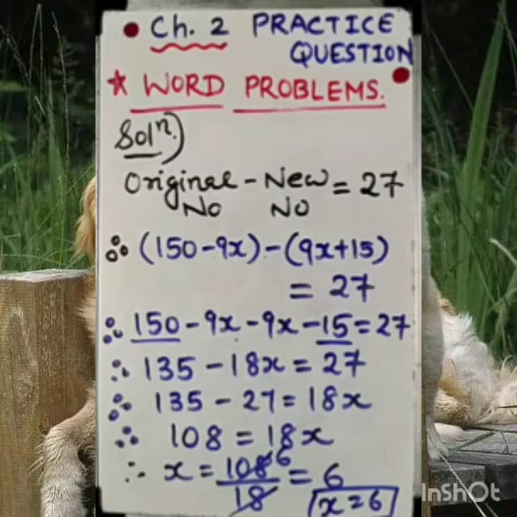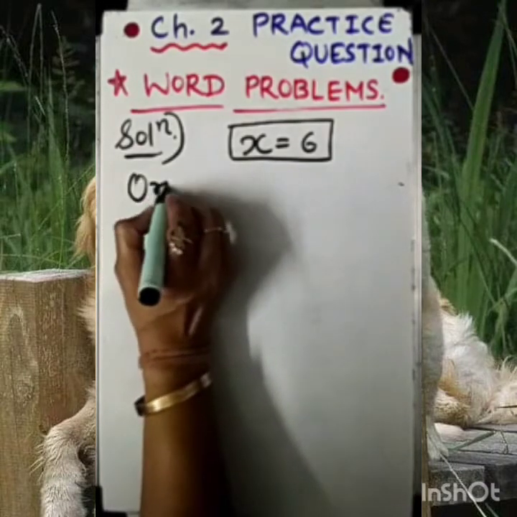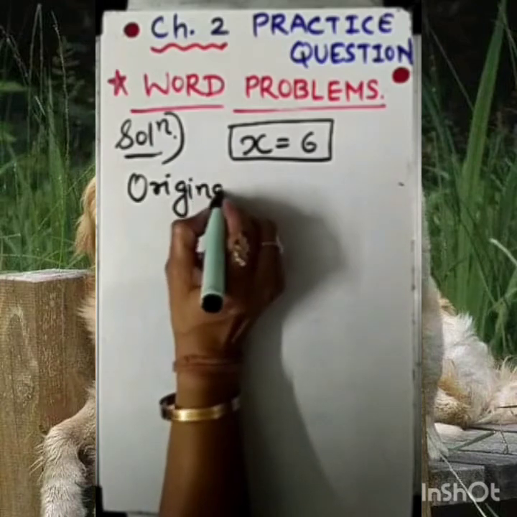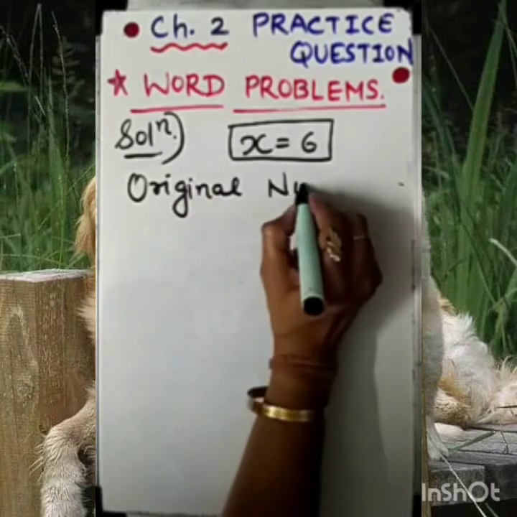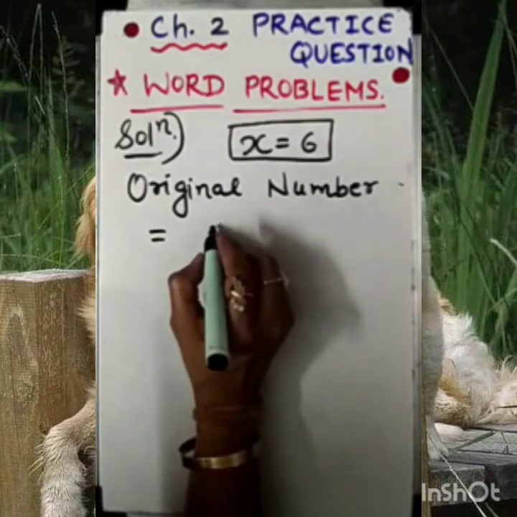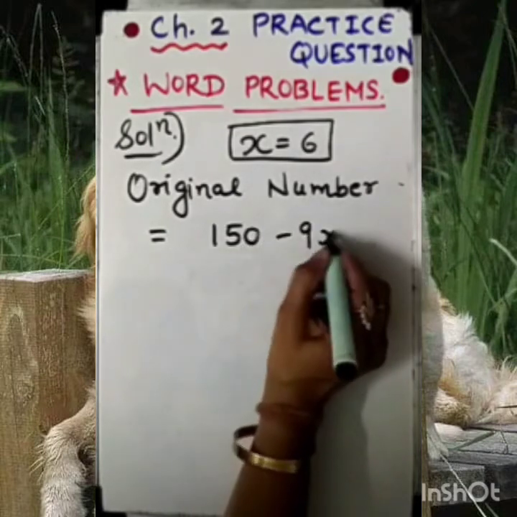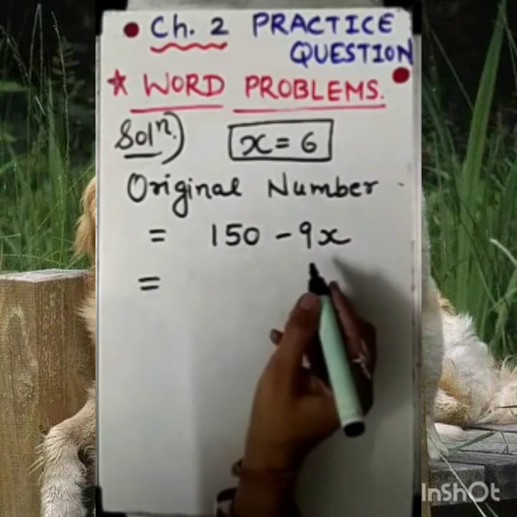But this is not the complete solution. So finally the value of x we got is 6. x equal to 6. But dear student, in the question we are asked to find the original number. So what was the original number we found in the beginning? The original number was 150 minus 9x.